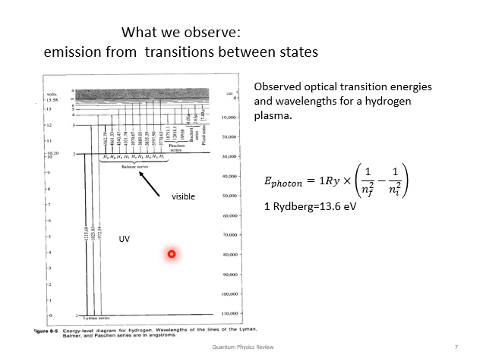So in a plasma, what we might do is excite ions or excite atoms in a system to create ions, or to excite electrons within an atom, and then look at the light that comes out of that system.